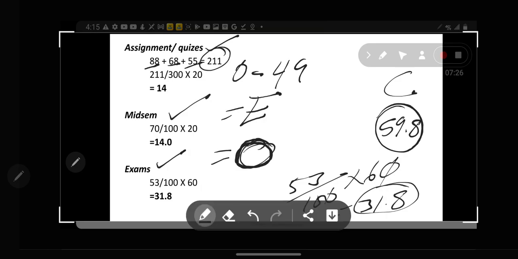It means it's a referral and you have to write it again.